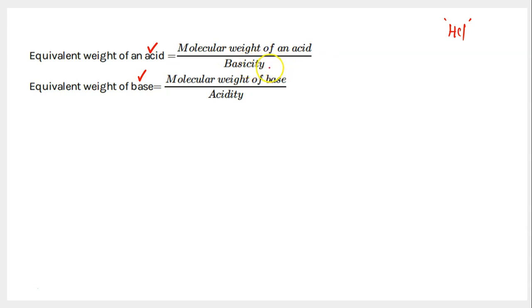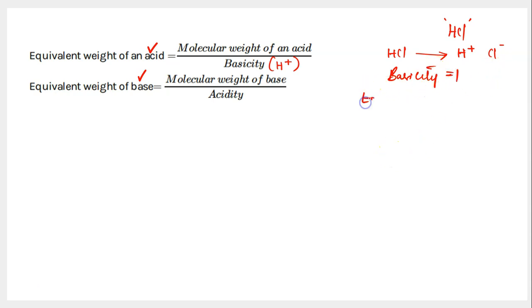And what refers to basicity? Basicity is nothing but the number of H plus ions furnished by 1 mole of that acid. Say for example, if I talk about 1 mole of HCl, and if I ionize this, it leads to formation of 1 mole of H plus and 1 mole of Cl minus. So basicity of HCl is equal to 1, right?